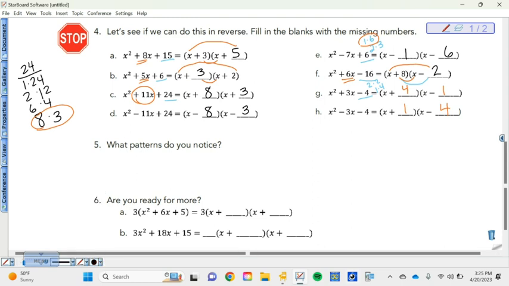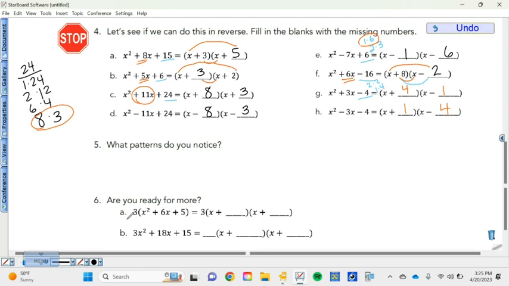What did they do? Like, what happened here between part B and part A? What's the difference? Not a double. What would happen if I distributed this 3? Yeah, right? Or I could think about it going the other way.